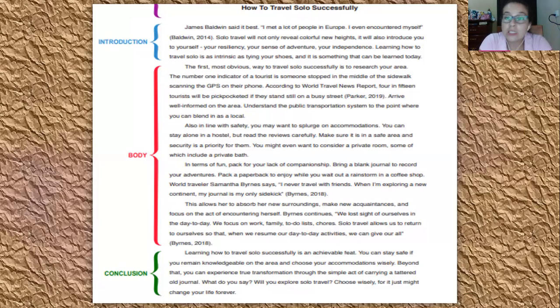Well, okay, we have here an example of a well-structured essay. The topic is how to travel successfully. In the blue brackets, we have the introduction. In this part, we have a quote, because here it says, James Baldwin said it best.